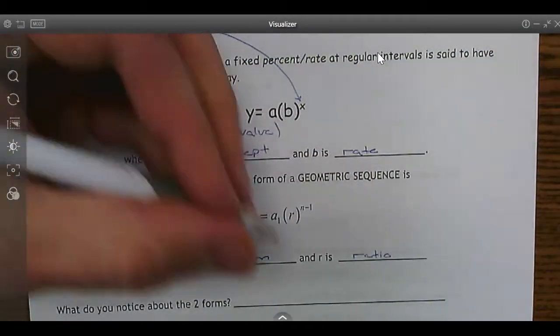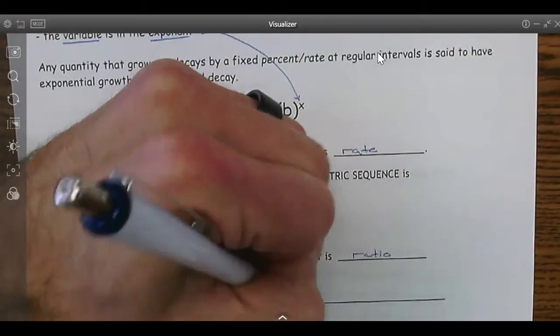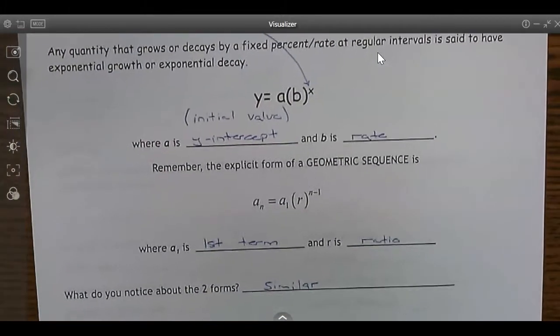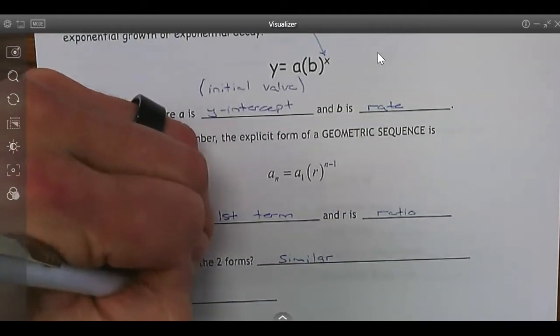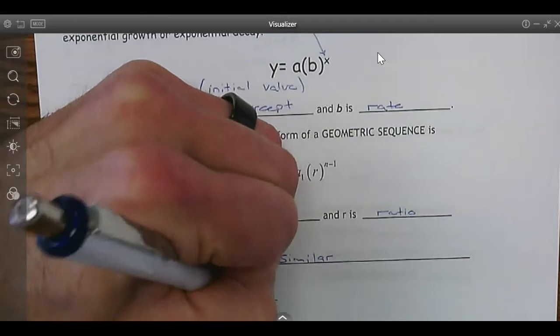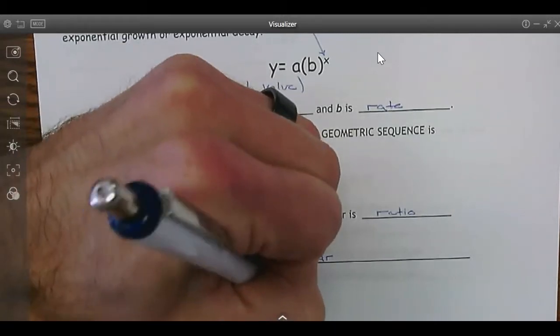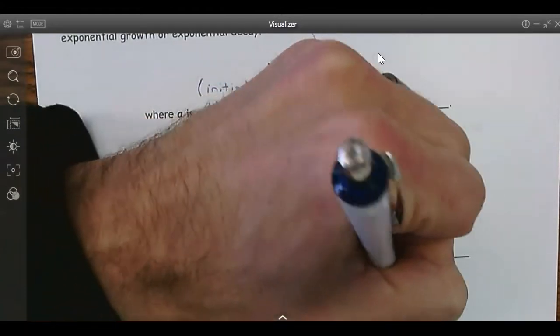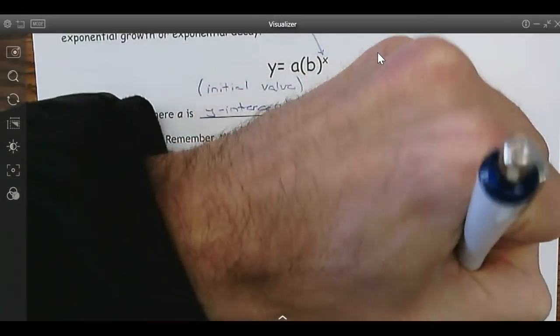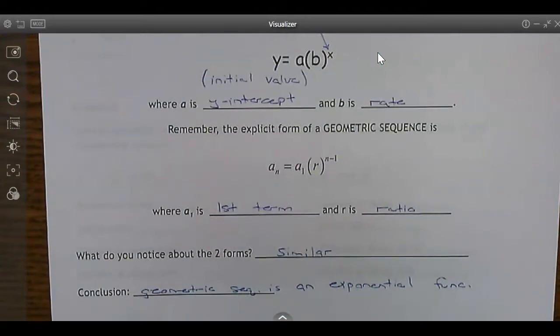These are very similar. So what we can conclude from that is a geometric sequence is an exponential function.